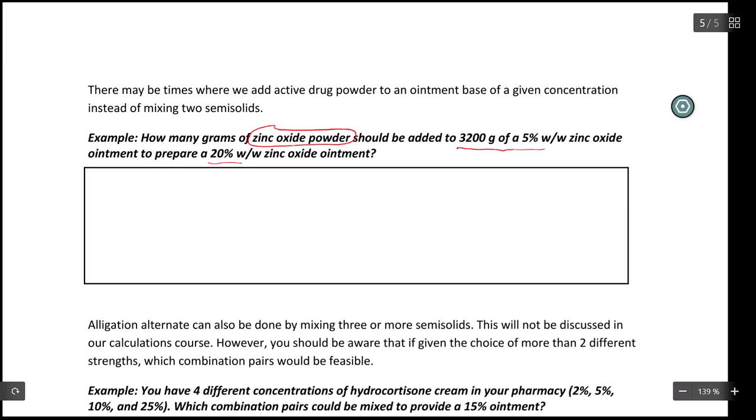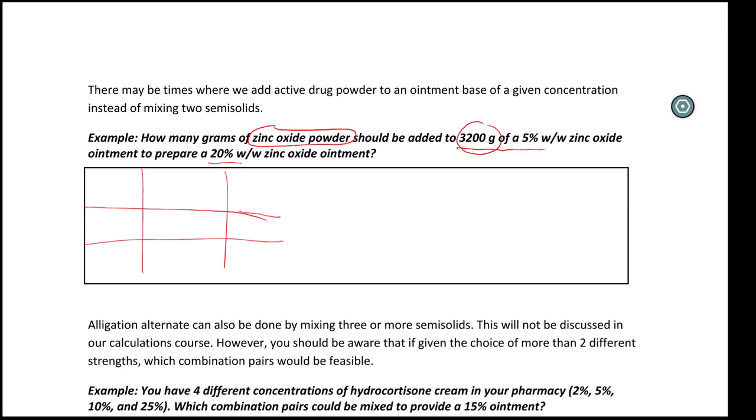So always start with our little checker box in the top portion. We are going to add the highest amount. What is the highest concentration? The zinc oxide powder. We're going to assume 100%. The lowest is the 20%. That's where the drug is coming from.